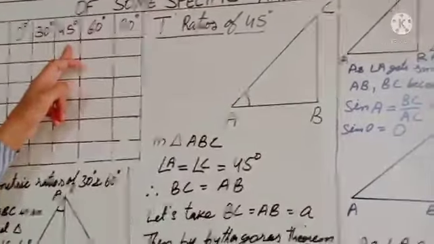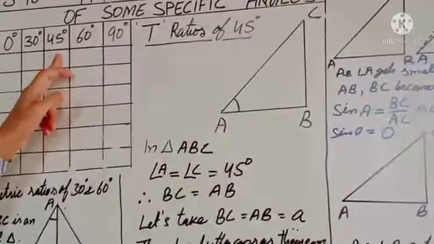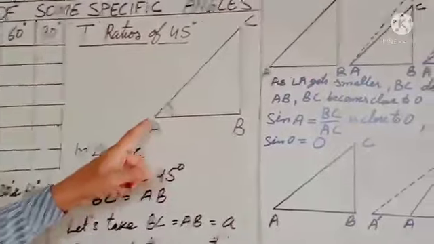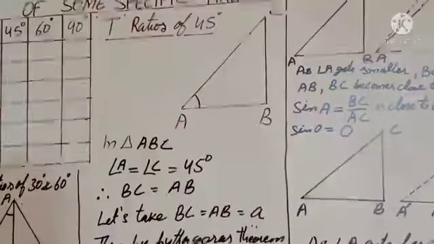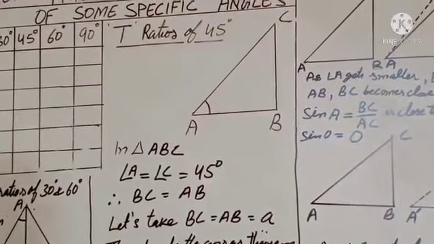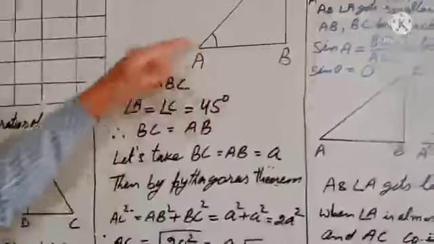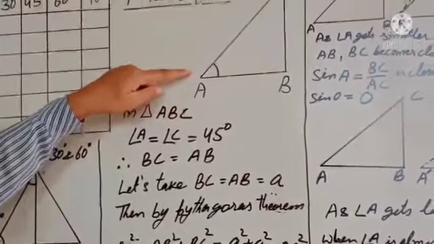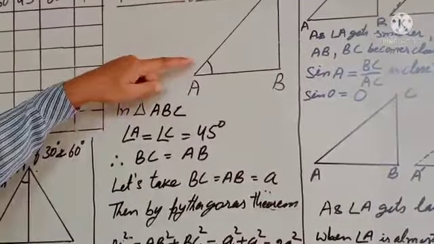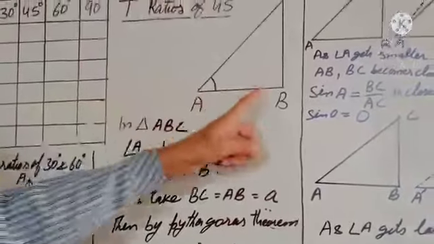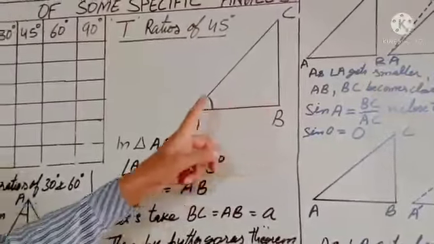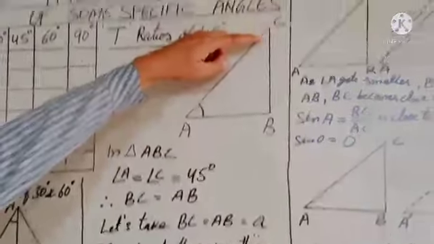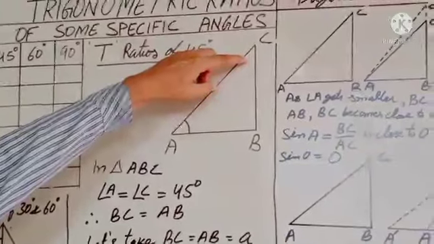To derive the T ratios, the trigonometric ratios of 45, let's take a right angled triangle ABC, where we would like to find out angle A, right? So when angle A is 45, this is 90, this is 45, then we are left with C also as 45.